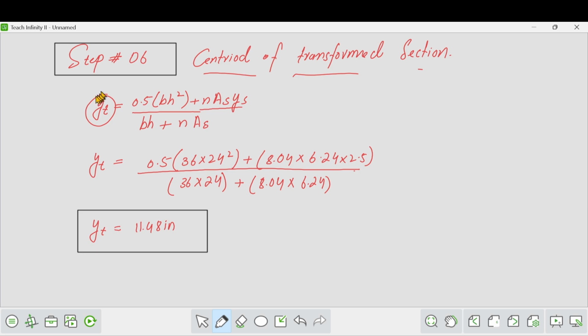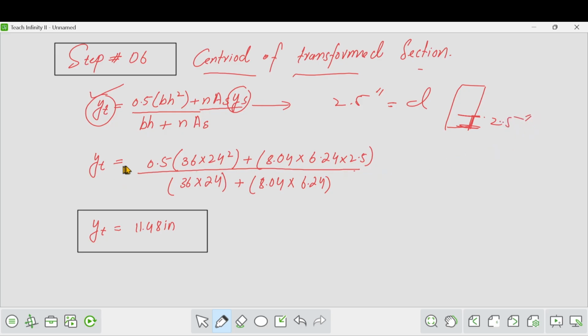Okay, now determine the centroid of the transformed section, Yt. Its formula is 0.5bh² plus n As ds, where ds is 2.5 inches, which is equal to d. This is the clear cover, from the center of the steel to the extreme bottom fiber, which is 2.5 inches.